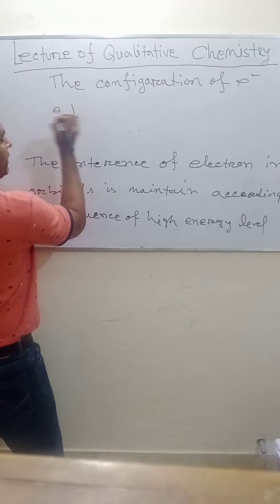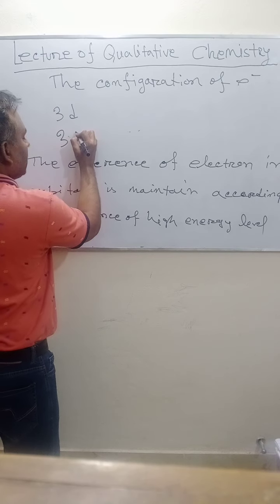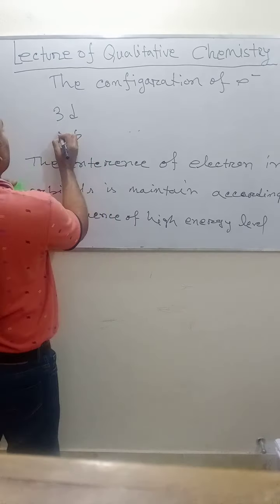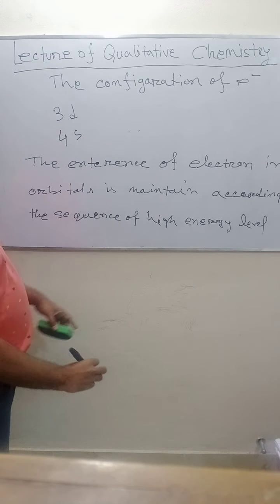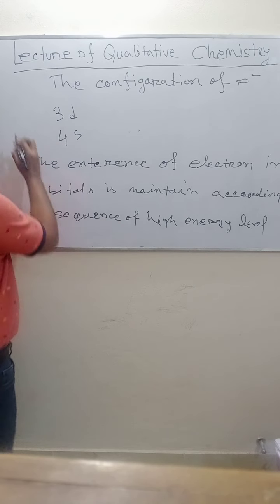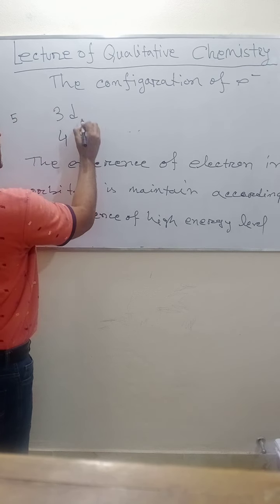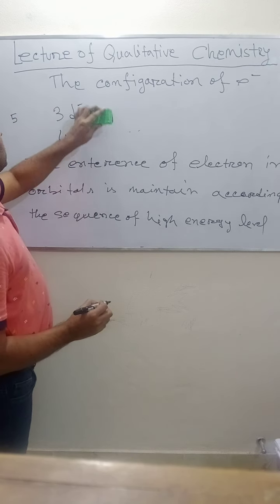For example, 3d and 4s. You have electrons, for example, you have 5 electrons to configure. Will it go here or here? How?